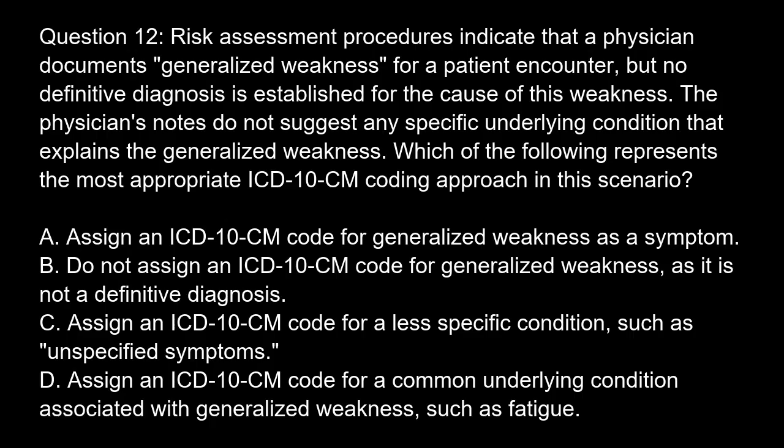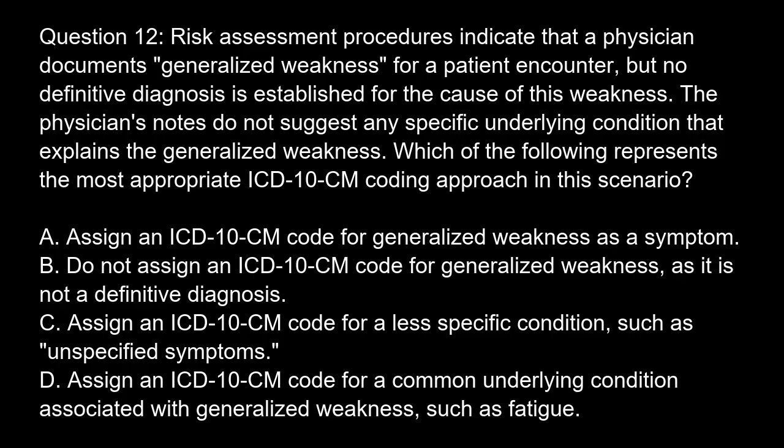Question 12. Risk assessment procedures indicate that a physician documents generalized weakness for a patient encounter, but no definitive diagnosis is established for the cause of this weakness. The physician's notes do not suggest any specific underlying condition that explains the generalized weakness. Which of the following represents the most appropriate ICD-10-CM coding approach in this scenario?